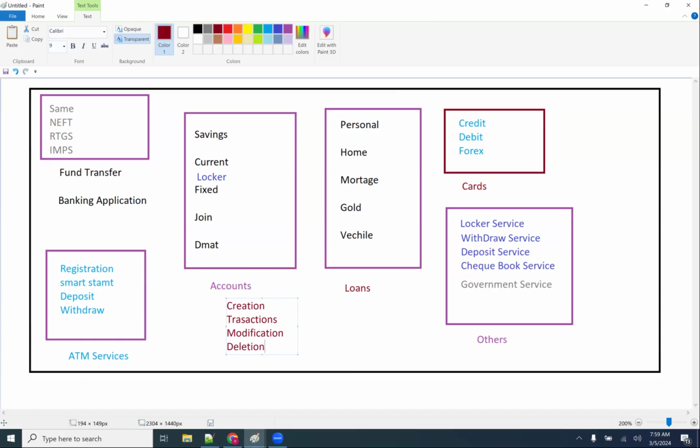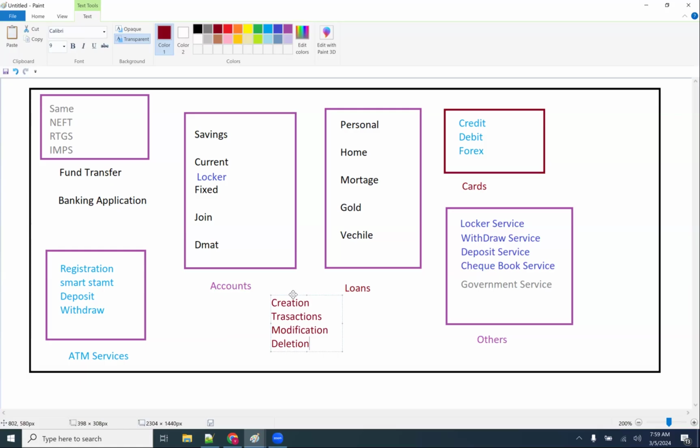These are the common operations under accounts. And also loans. For loans and accounts, these are the common operations. Correct, right? Now we need to come up with a point here. We need to divide, or come to a conclusion.